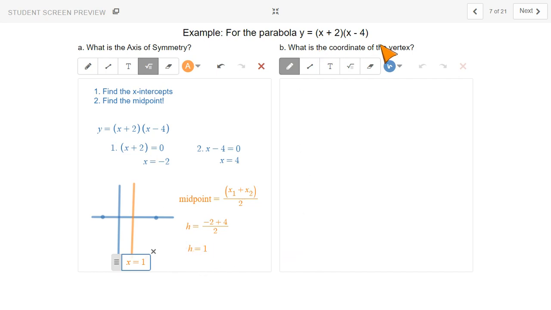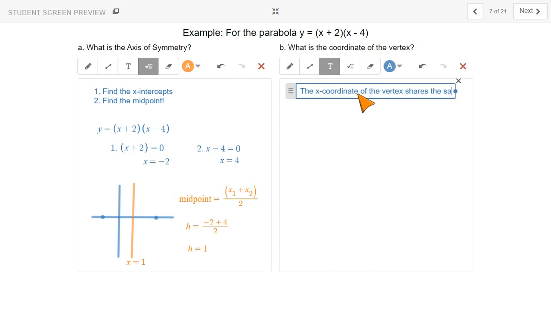Now, how can I find the coordinate of the vertex? We talked about it the other day that if we have the axis of symmetry, we know that the axis of symmetry shares the same x value as the vertex. And if we know what that value is, we can substitute it into the equation to find our y.